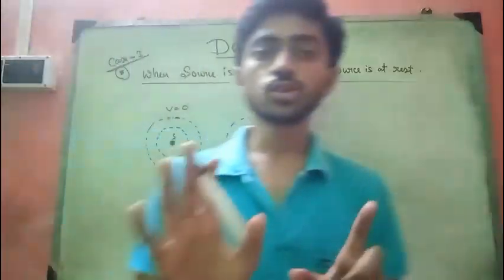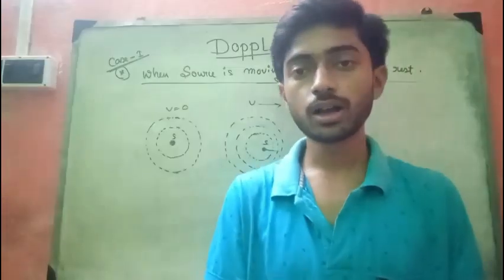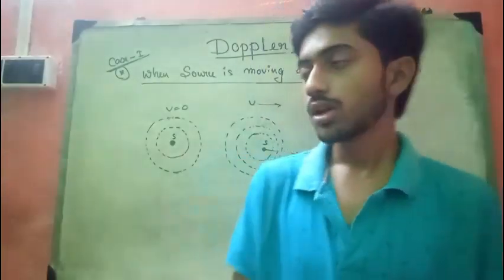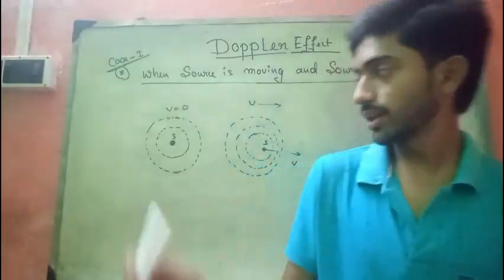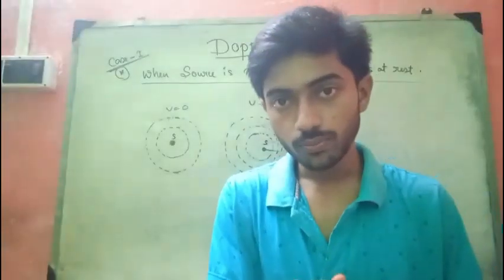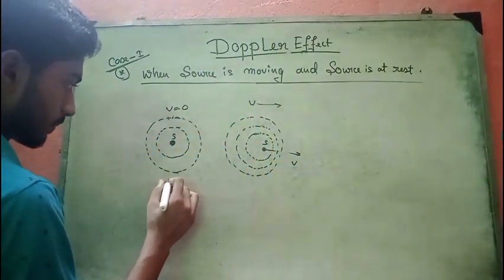When the source is moving with velocity v, the wavefront becomes like this. And when the velocity of the source is 0, the wavefront of the source is like this.